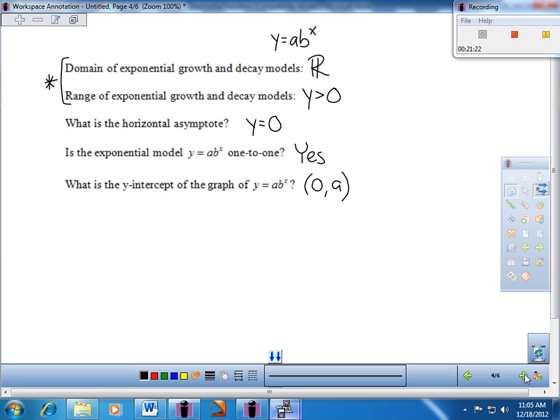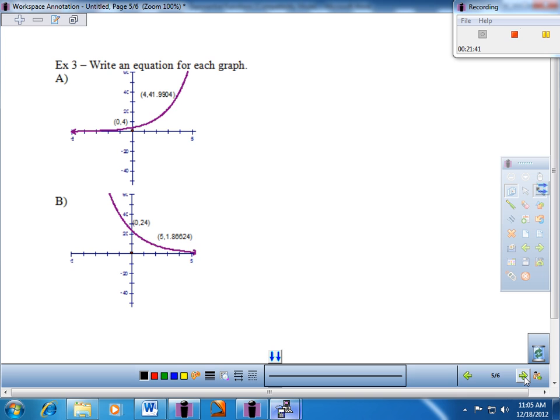I'm going to go right into my next example. And let's see if we can start putting some things together: write an equation for each graph. You'll help me out with some of the numerical values here. A and B pretty much go hand in hand. They're basically the same problem, except for the fact that one is growth and one is decay.